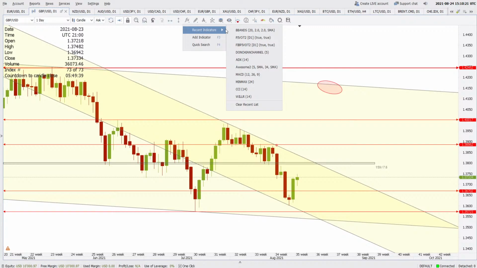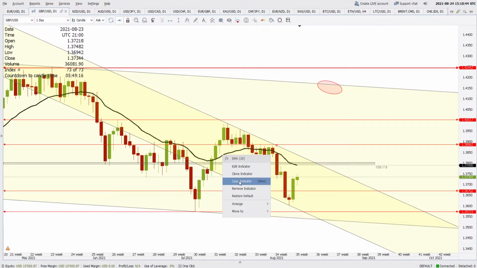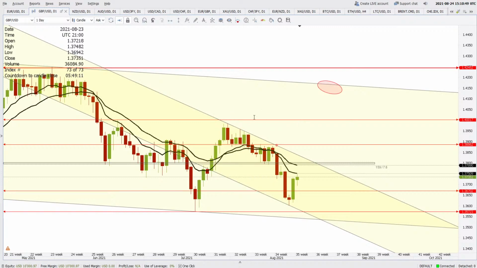In the same manner as we did just now, if you place the exponential moving averages here, and then you put the 10 periods moving average and change it to blue and change it to 2.